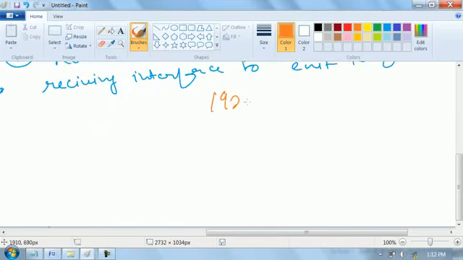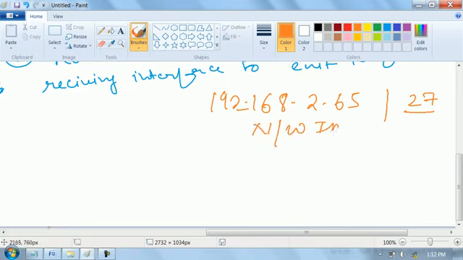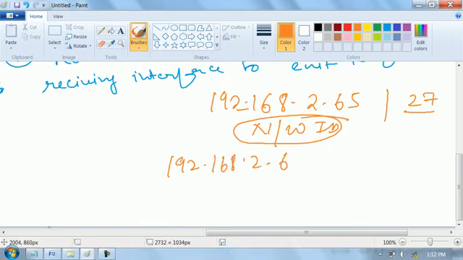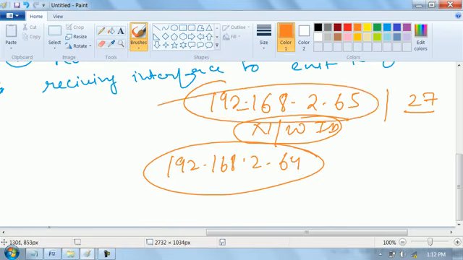Destination IP is 192.168.2.65 with slash 24. Router will calculate. Network ID will be, calculate it. What will be the network ID? 192.168.2. It means this IP does not belong to the network that I know.